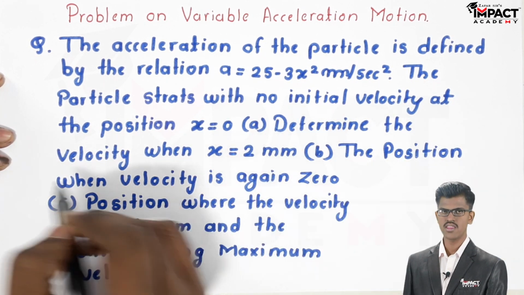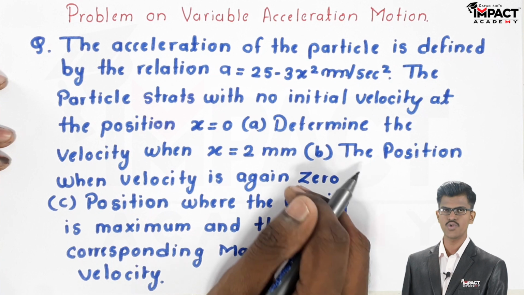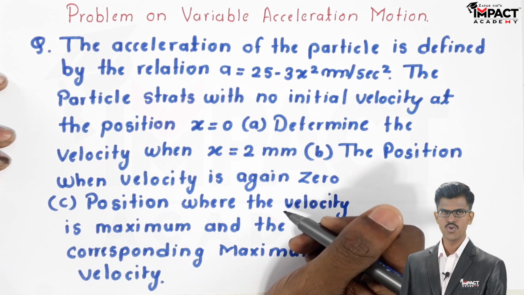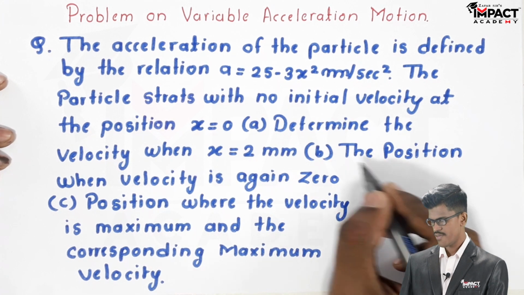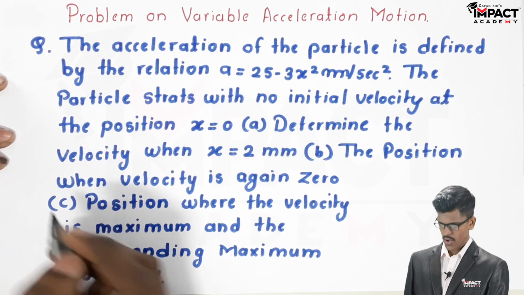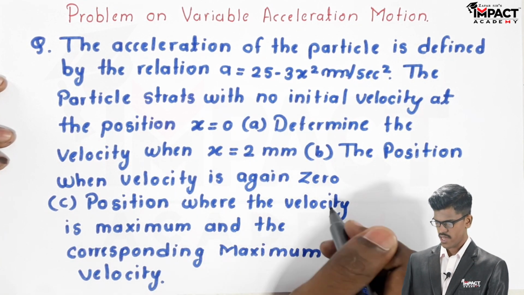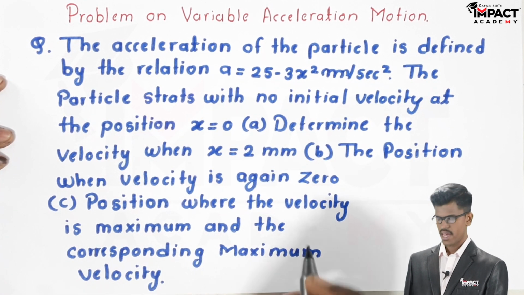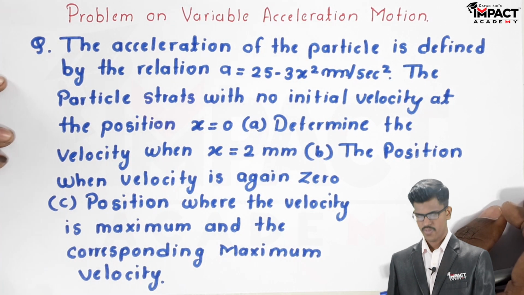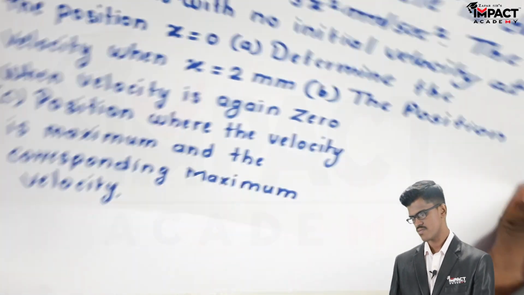First, the velocity when x = 2 mm. Then the position when velocity is 0. And third, the position where the velocity is maximum and the corresponding maximum velocity. So let's start the solution.